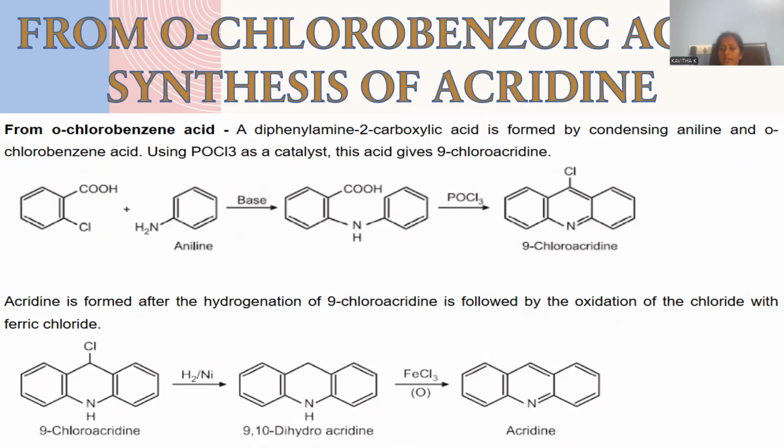But our intention is pure acridine formation, so oxidation is the next step. In order to go for the oxidation, the Lewis acid ferric chloride is applied. Whenever ferric chloride is applied over this dihydroacridine, it is oxidized in such a manner that removal of the hydrogens occurs, giving acridine as the final product. This is the way orthochlorobenzoic acid is also a starting material for acridine synthesis.